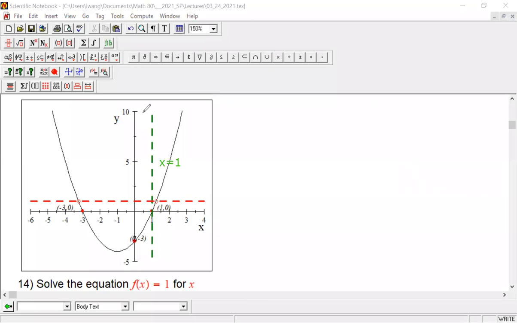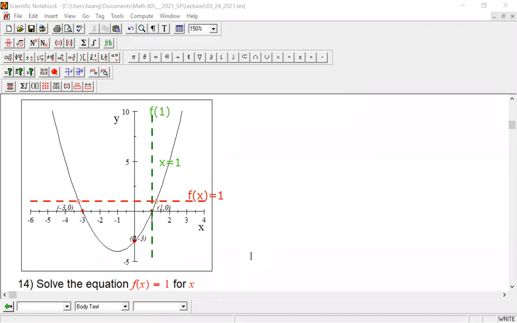So I'm going to write it here: f of 1, when the input is given. The red one is related to f of X, where the input is unknown and the output is 1. So let me change that color to red.